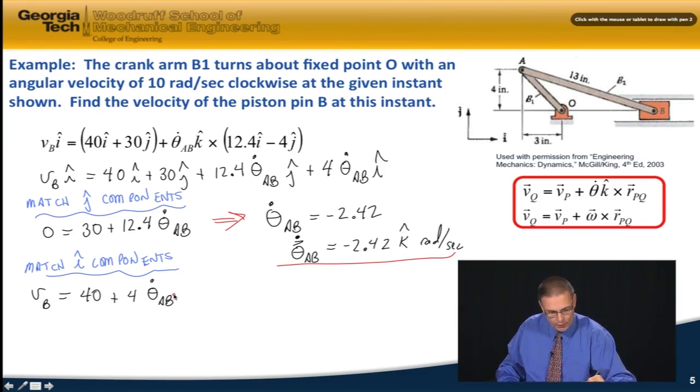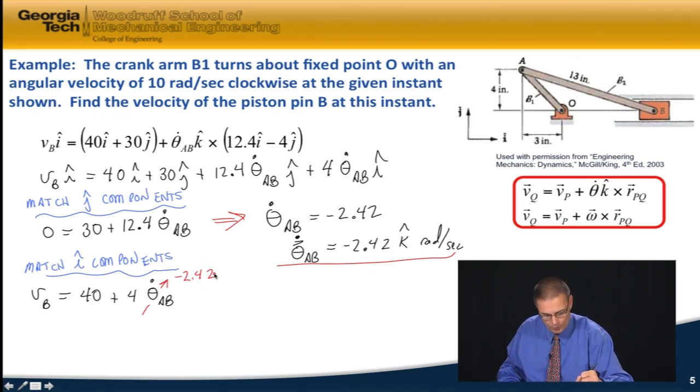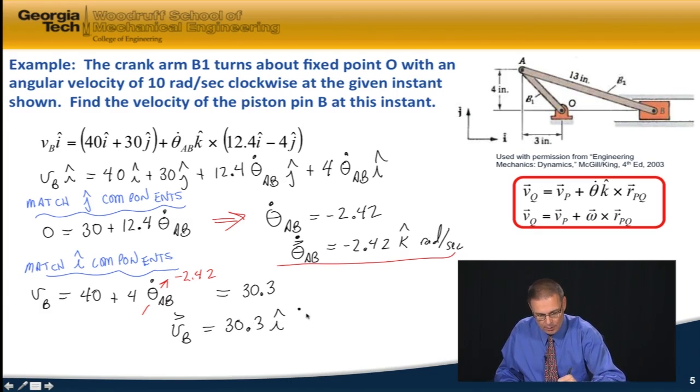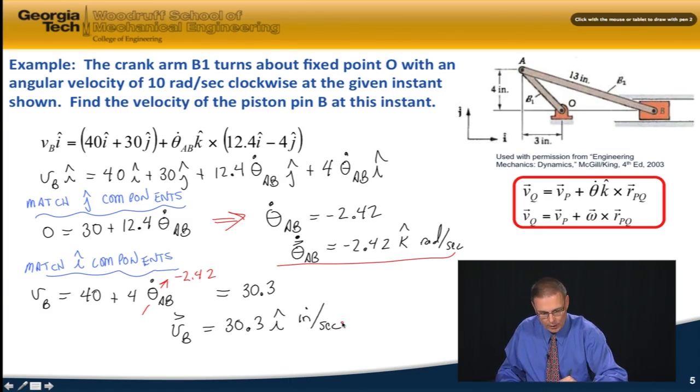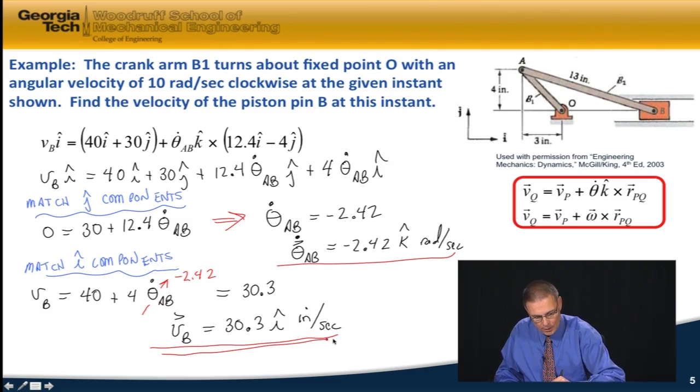And I know that theta dot AB, I just solved for it, is minus 2.42. So I arrive at VB equal to 30.3. That's the magnitude of VB. I know its direction. So my final answer is VB as a vector is equal to 30.3 inches per second in the I direction. And I've solved my problem.